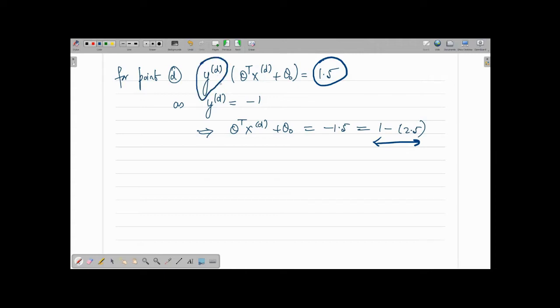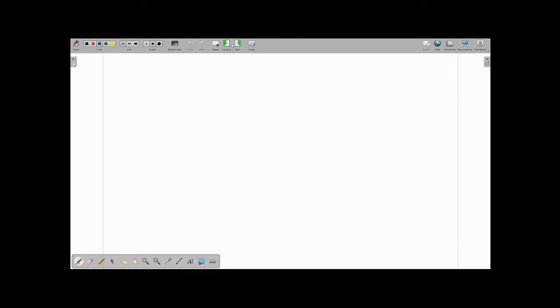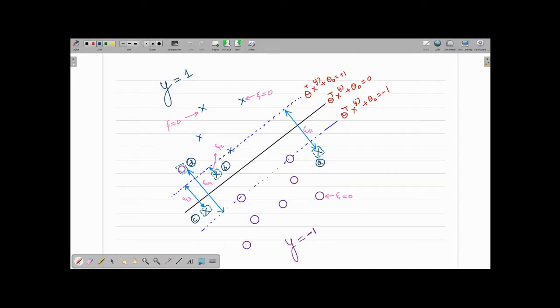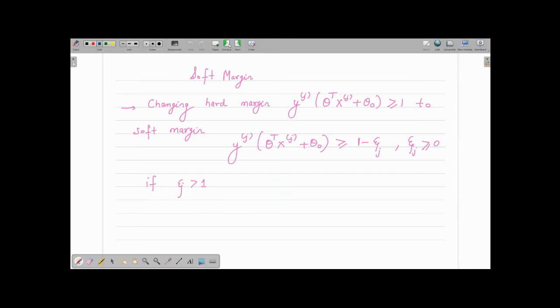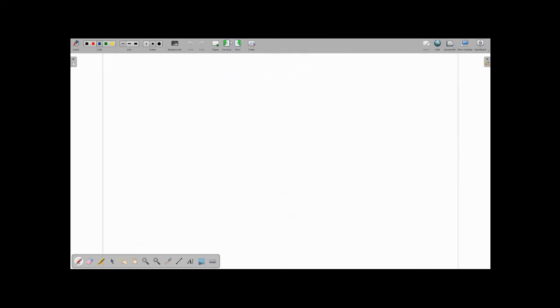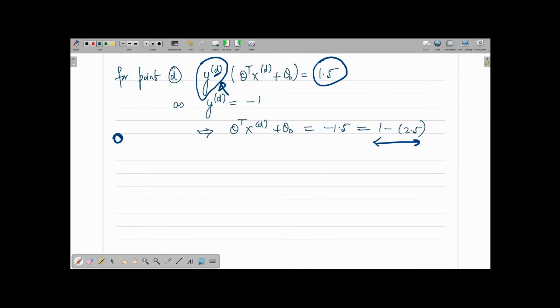So in this particular case, since you are actually using the D point, the label for this 0 is actually minus 1. So we are putting minus 1 here. So once you do that, this is again zeta 4.